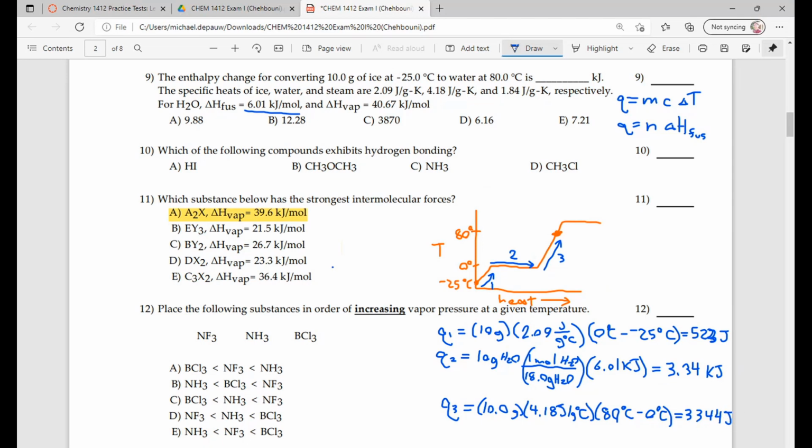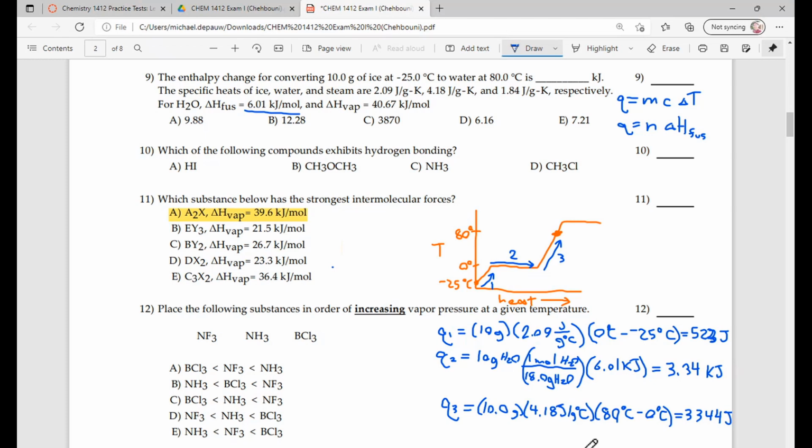But notice that the unit has to be joules. So if it's joules, and it's asking me for my final answer in what? Kilojoules. So I have to convert all these to kilojoules before I can add them up, right? One is already in kilojoules.